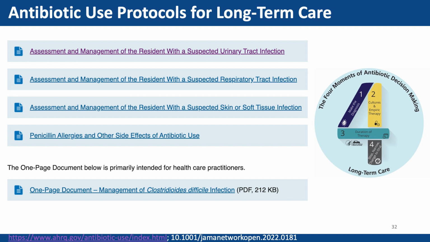We did not have one for COVID, though we kind of allude to COVID for viral infections. There's cellulitis and C. diff. It's all there: diagnosis, signs and symptoms, diagnostic tests, what to treat with and how long to treat, and the references.